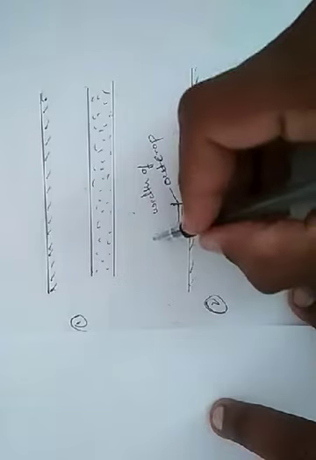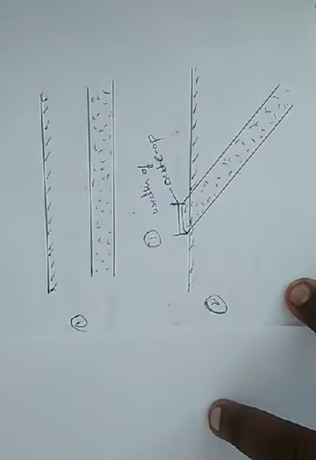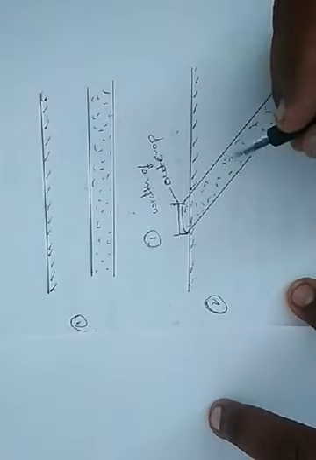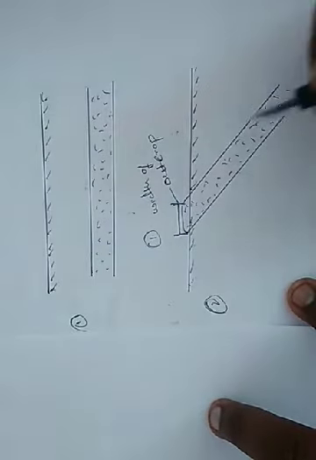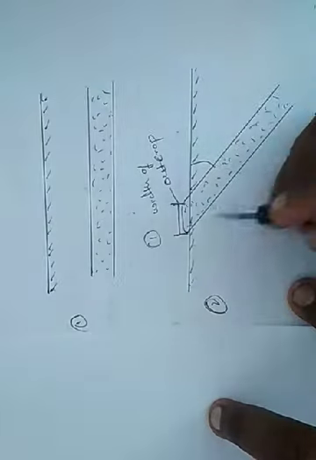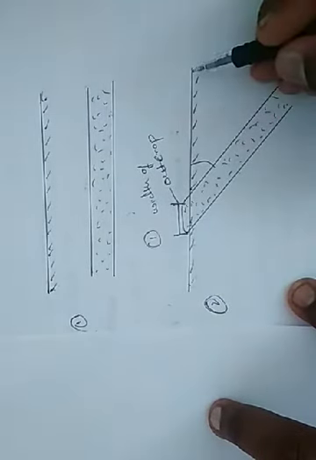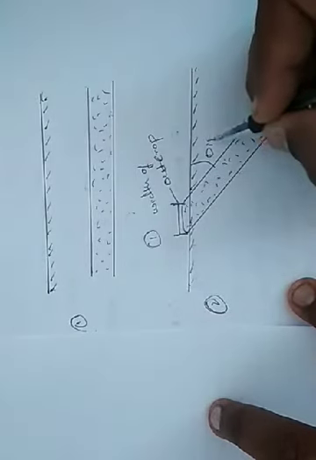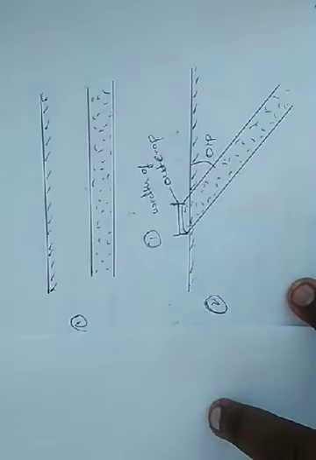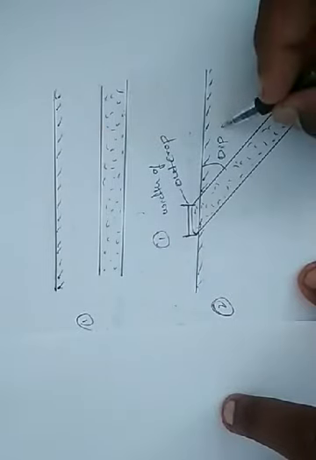So this is the first parameter which we are going to determine. Number 2, we have the dip of the strata. Dip means the inclination of the rock strata with respect to the horizontal plane. This is number 2.